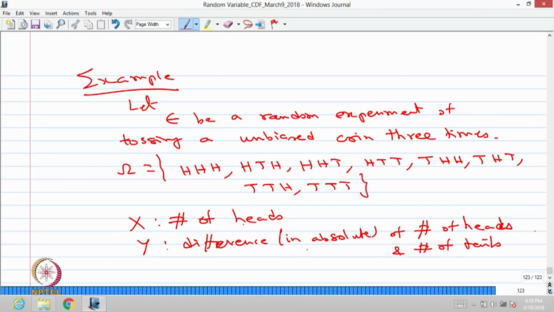The way x is defined is the number of heads, and the random experiment is tossing an unbiased coin 3 times. Therefore, you may get no head, or 1 head, or 2 heads, or 3 heads. So the possible values of x are 0, 1, 2 or 3. Whereas y is the absolute difference of the number of heads and the number of tails.